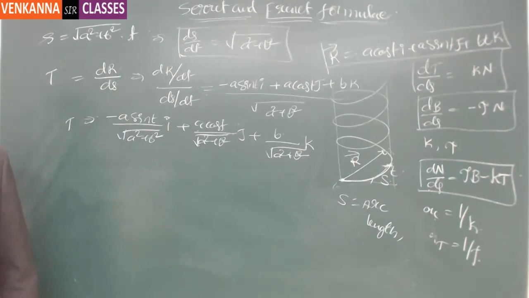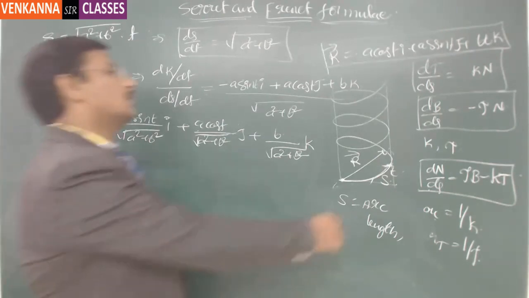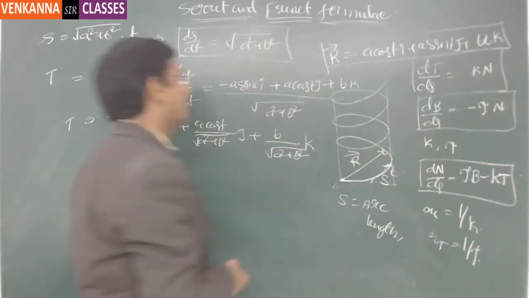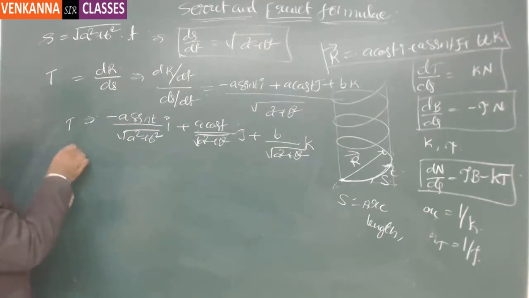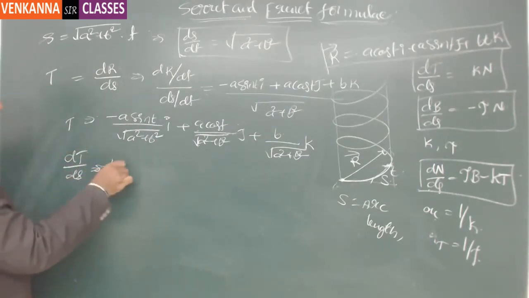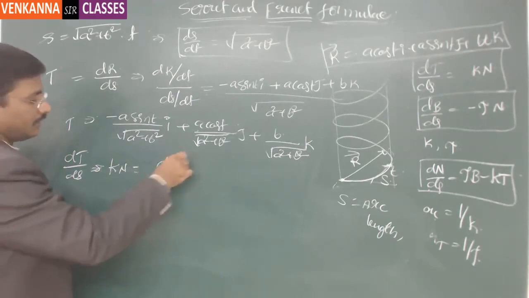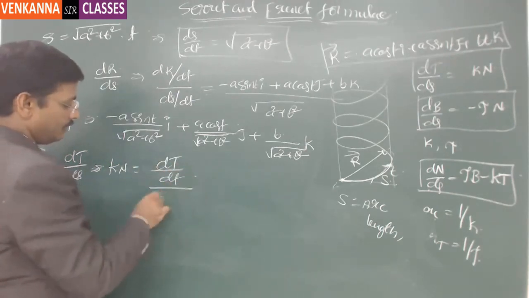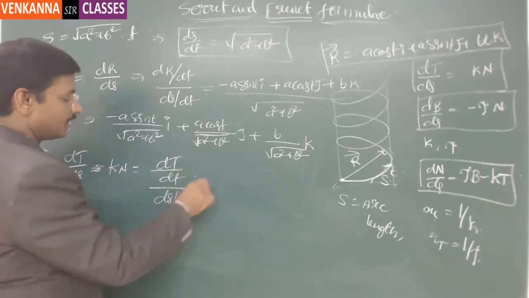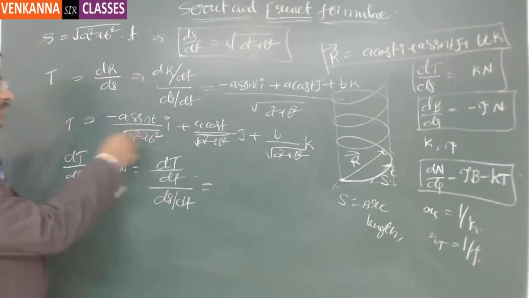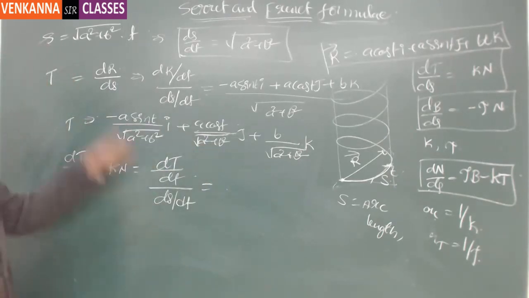Okay. Once you find this value, if you want to find the k value, then you calculate dT by ds. So this is kn, which is equal to dT by dt divided by ds by dt, because both are functions of time. T is a function of time and s is a function of time, so you can find the derivative.